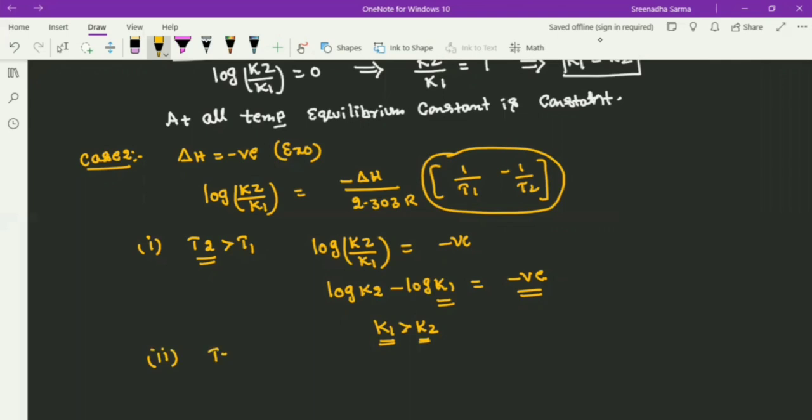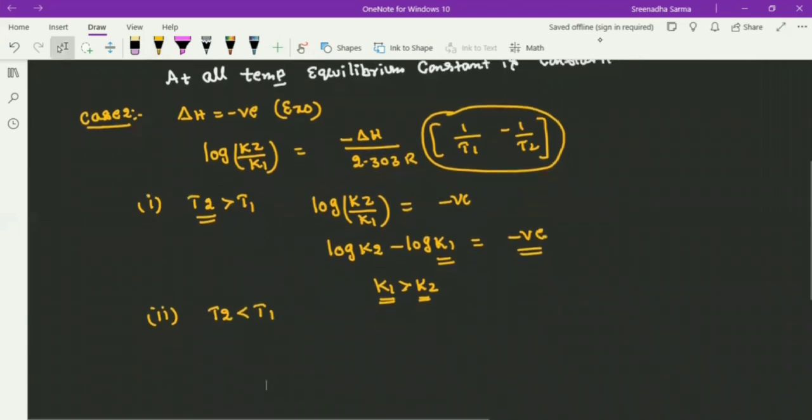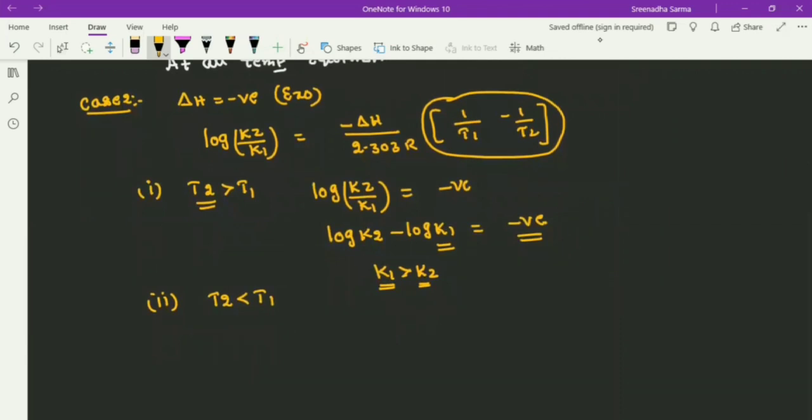In case T2 is less than T1, the temperature decreases. Log K2 by K1 is equal to a positive value, so this value will be negative, and negative into negative is positive.